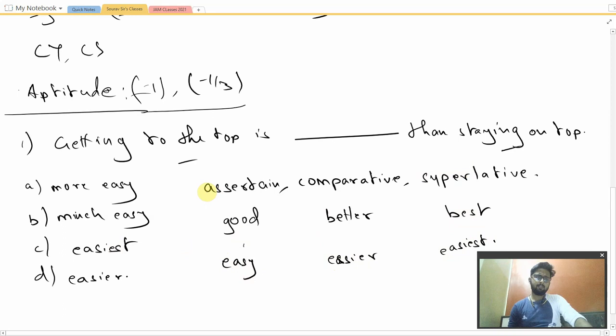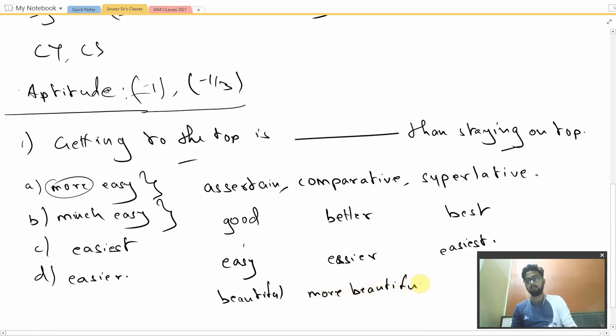More easy and much easy don't make any sense here, because the term more is attached when an adjective doesn't have a normal comparative or superlative, for example beautiful. The comparative for beautiful is not beautifuler, we write it as more beautiful.